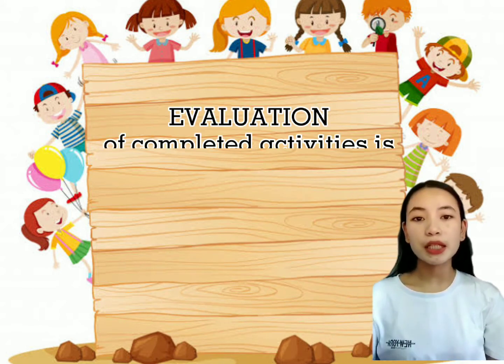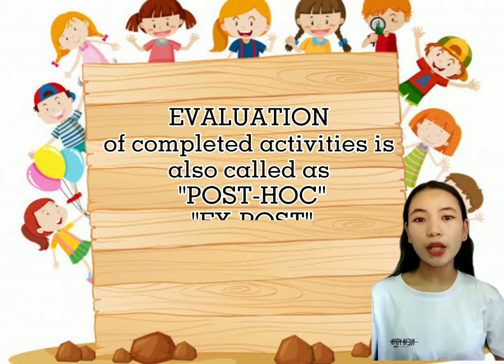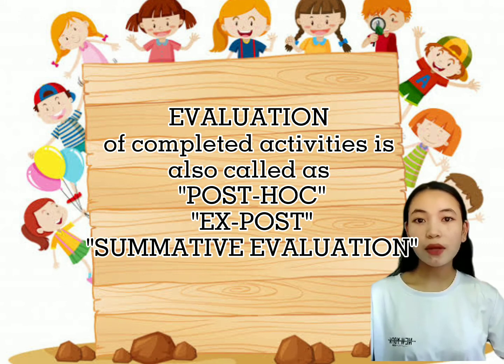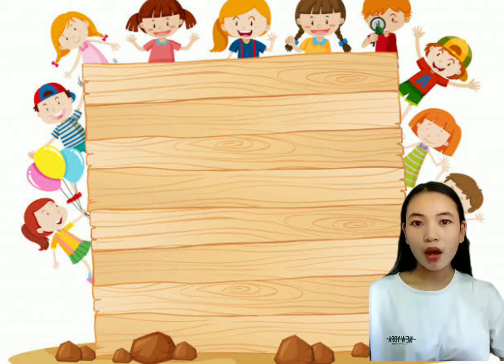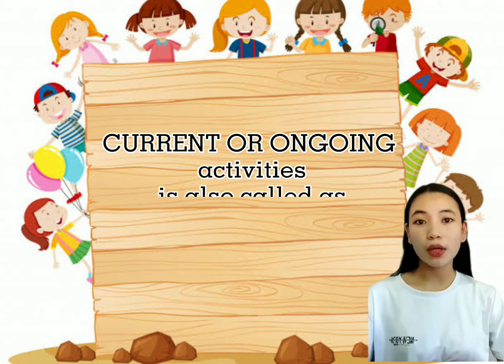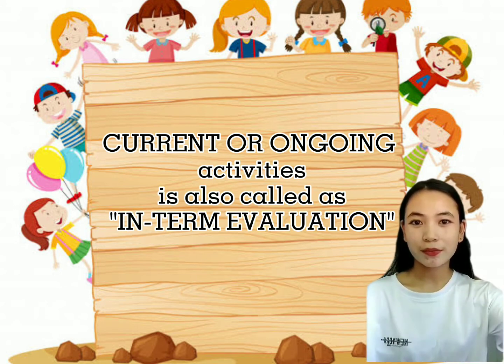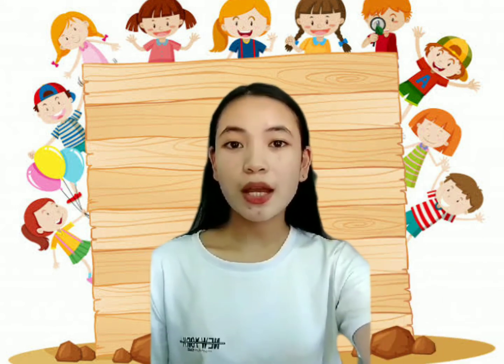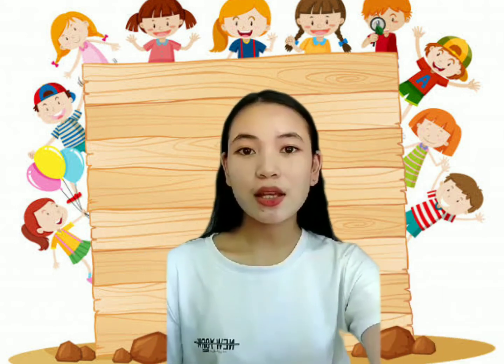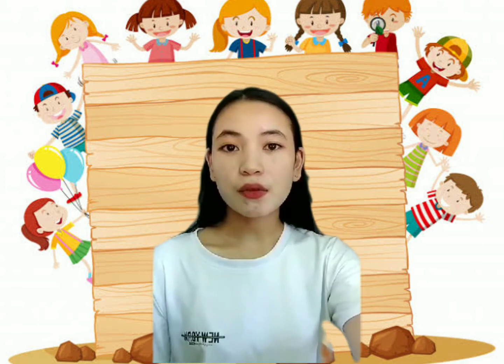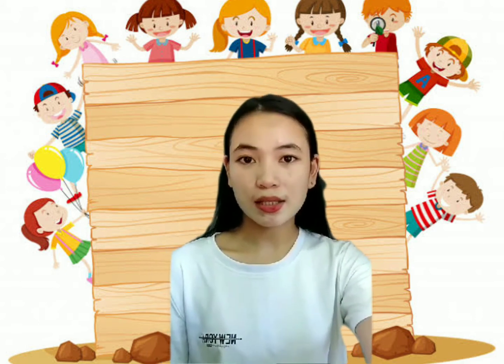Evaluation of completed activities is also called post hoc evaluation, ex post evaluation, and summative evaluation, while the evaluation of current or ongoing activities is called interim evaluation. Ex post evaluation is conducted in the years after the project's official end date.